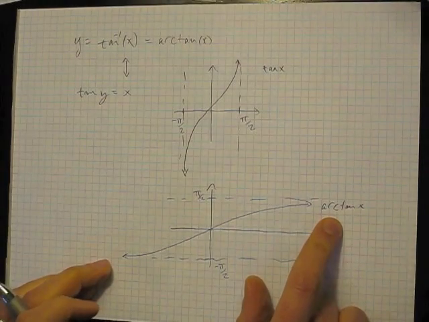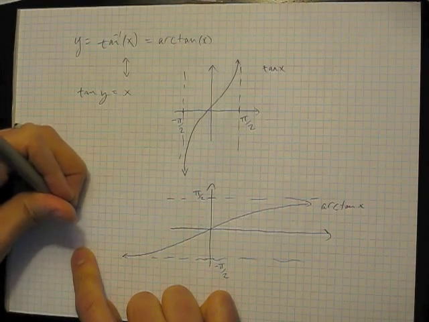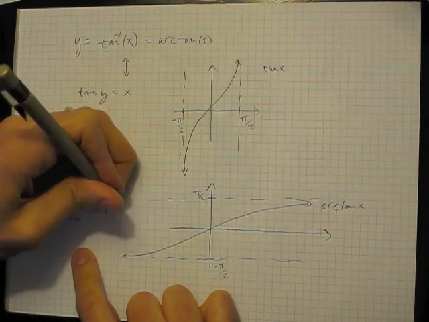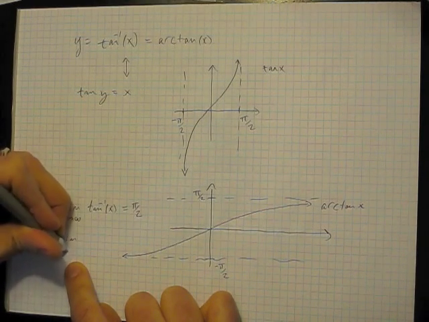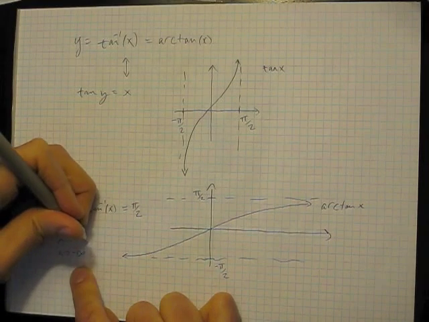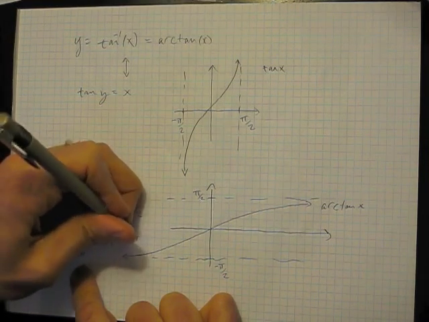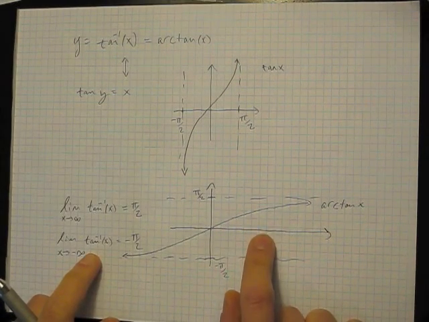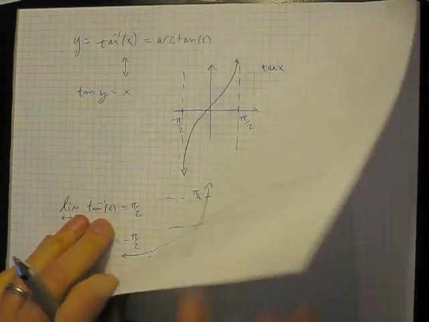Arctangent, tangent inverse, they're the same thing. So notice what this means. This means that the limit as x goes to infinity of the inverse tangent function is pi over 2, and the limit as x goes to minus infinity of the inverse tangent function, or arctangent, is minus pi over 2. So it has these behaviors. Its graph behaves like this. All right, so that's the inverse tangent function.